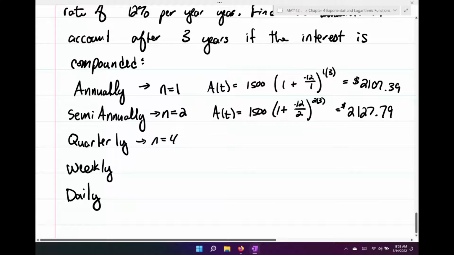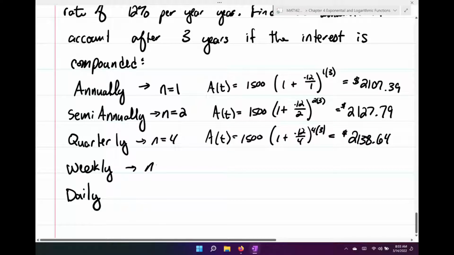So I'm just going to go ahead and type this into the calculator real quick. So we get A of t equals 1500 times 1 plus 0.12 over 4, all raised to the 4 times 3, and that's going to be $2,138 and 64 cents.